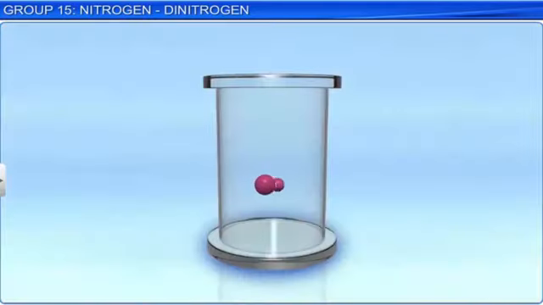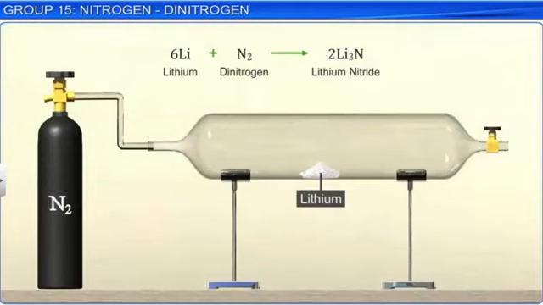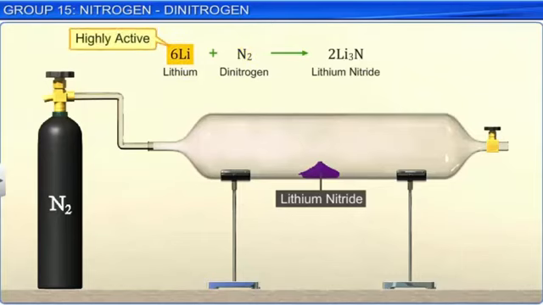Hence, dinitrogen is inert at room temperature. In other words, it is chemically inactive at room temperature, with the exception that it reacts with finely divided lithium to form lithium nitride. The reactivity of dinitrogen with lithium at room temperature is attributed to the highly active lithium.